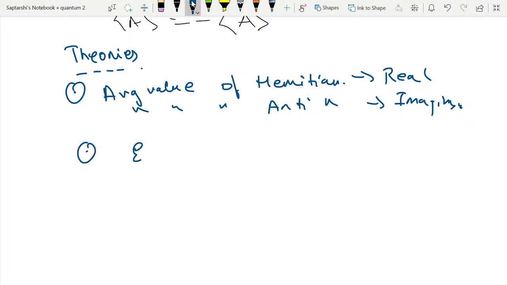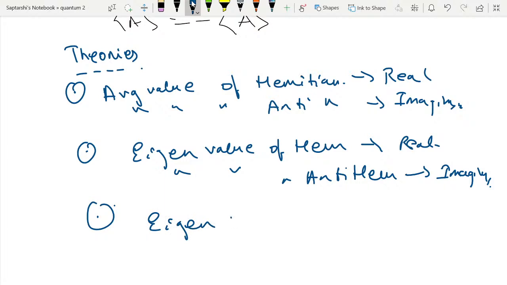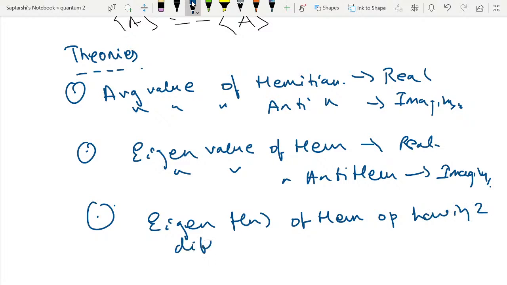Then again, the eigenvalue of Hermitian is real and eigenvalue of anti-Hermitian is imaginary. The eigenfunctions of Hermitian operator having two different eigenvalues are orthogonal.